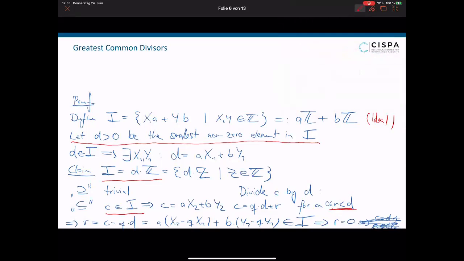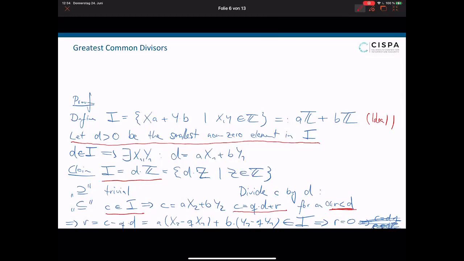Right, we have division with remainder, so we get c is of the form q times d plus r for an r that is strictly smaller than d. But from that, we concluded that we can write r as c minus q times d. And if we write that out, that's a times something plus b times something else. So r is also in the ideal, but r is strictly smaller than d, right?